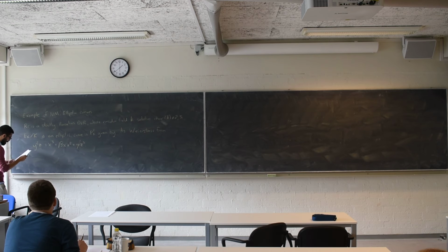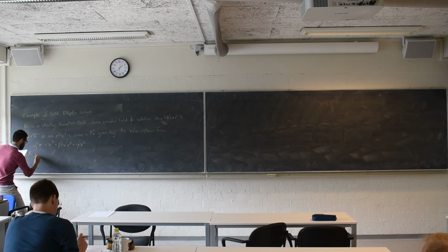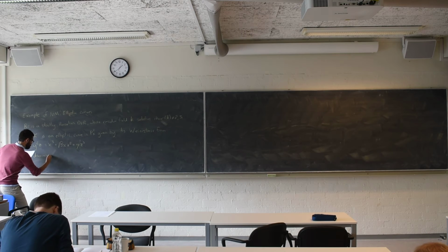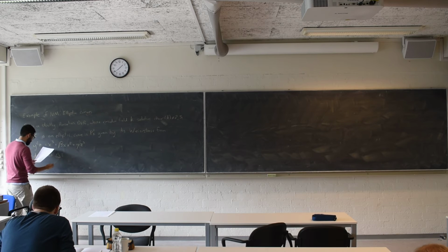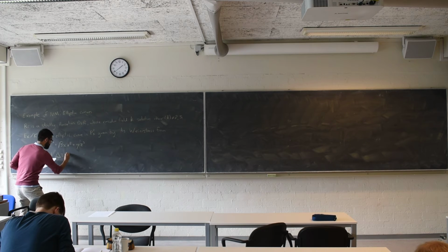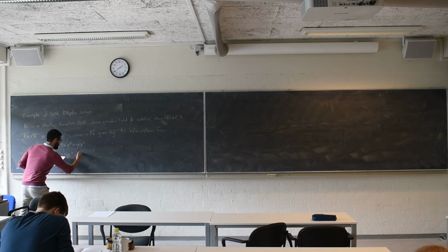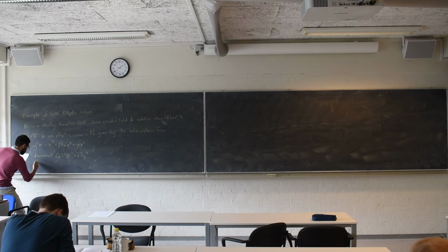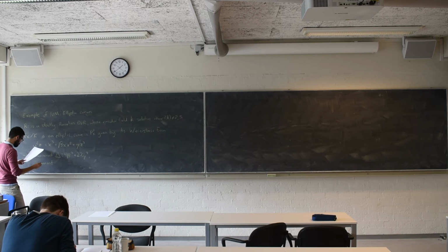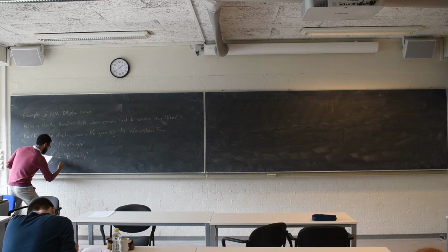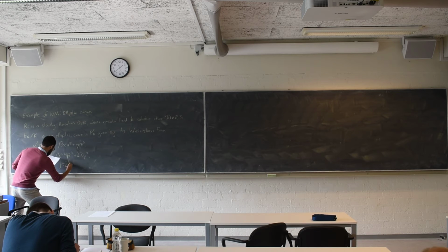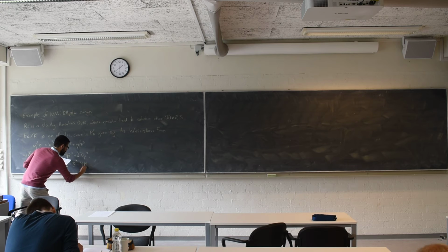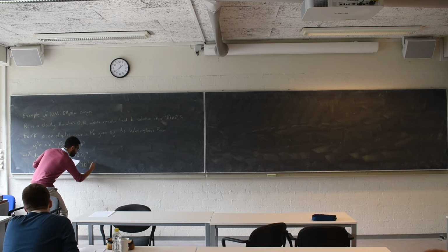Yes. So the discriminant Delta is given in terms of the coefficients: it's 4 beta cubed plus 27 gamma squared. And the j-invariant, what we call j, is 2^6 times 3^3 times 4 beta cubed divided by Delta.